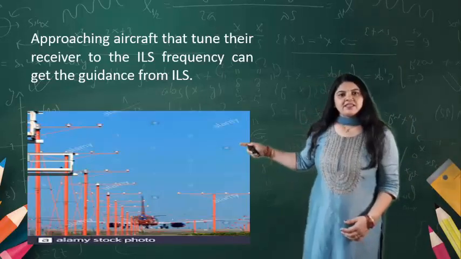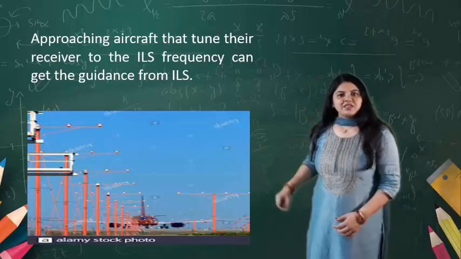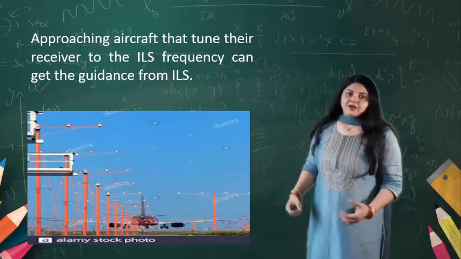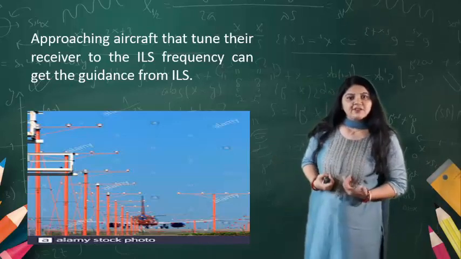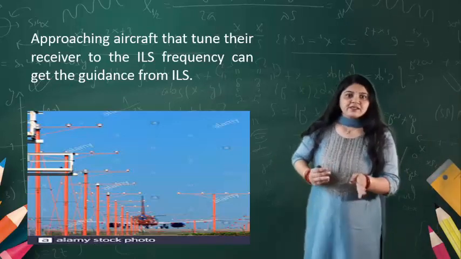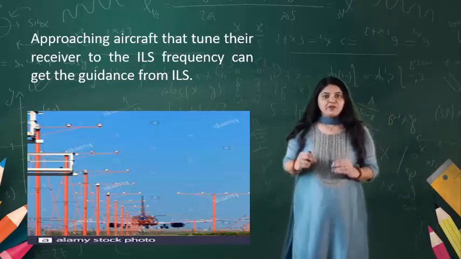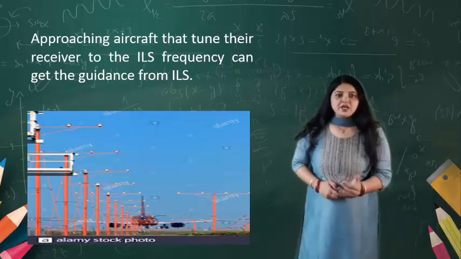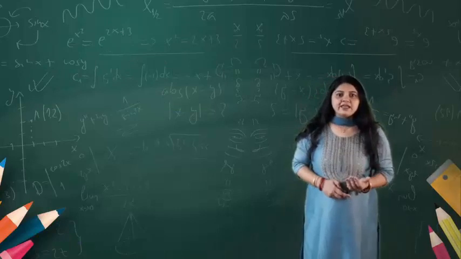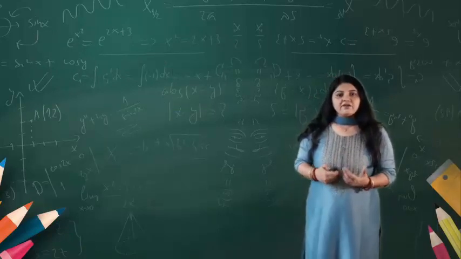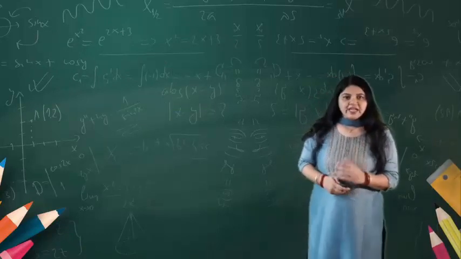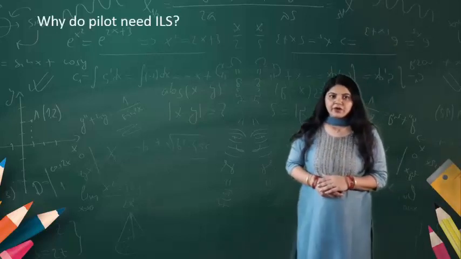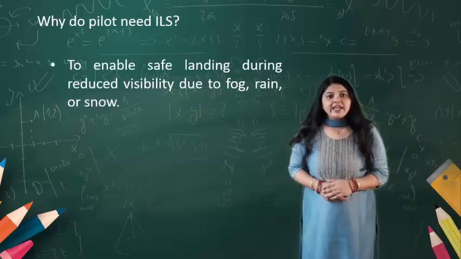Here you can see the various transmitters, and inside the aircraft the receivers. By tuning the transmitting and receiving frequency, they decide whether the aircraft is to be landed onto the runway or not. So why do pilots need ILS?